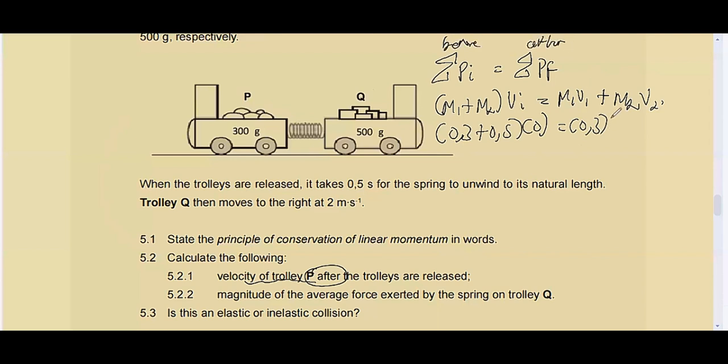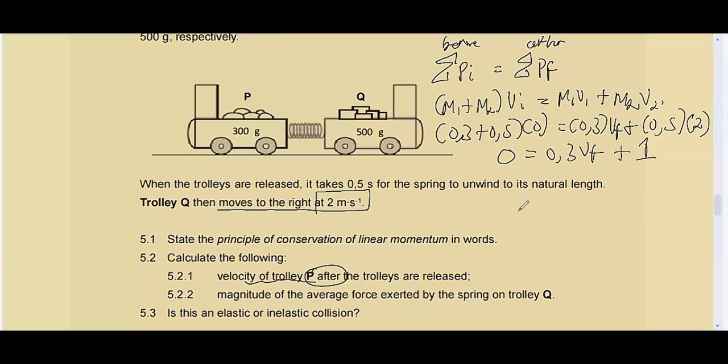So we are looking for this velocity here, Vf, plus our mass, 0.5. But then we are given that the velocity of trolley Q is 2 meters per second to the right. So that's positive 2. Now, if we multiply this, we're just going to end up getting 0. Then this is 0.3 Vf. Multiplying this, we have 1, right?